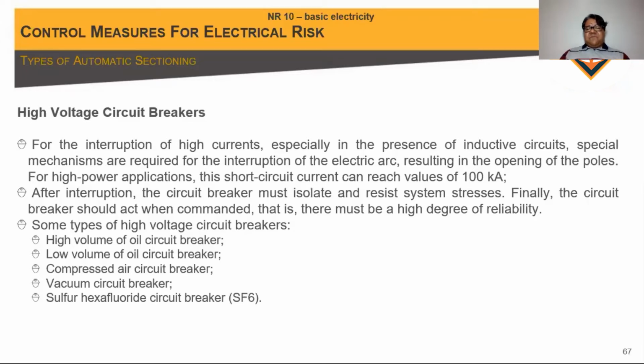Some types of high voltage circuit breakers: high volume of oil breaker, low volume of oil breaker, compressed air circuit breaker, vacuum circuit breaker, and sulfur hexafluoride circuit breaker, the SF6 type.